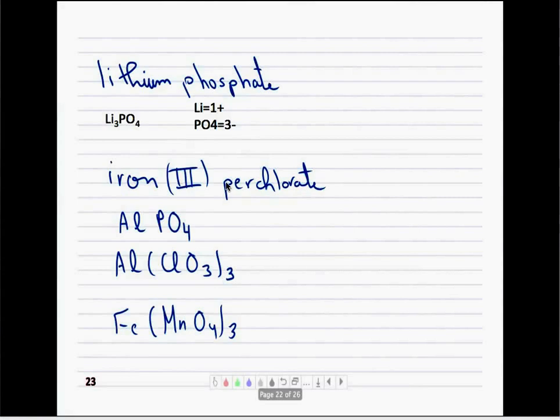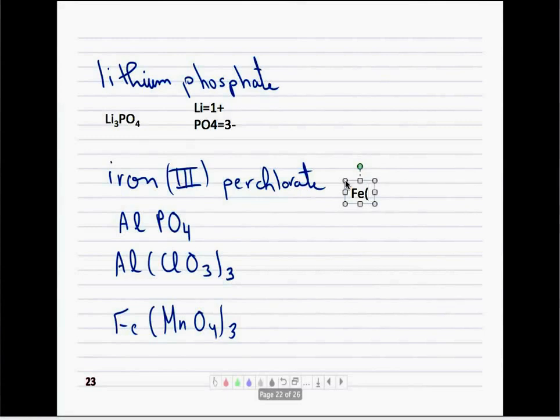Now let's go to number 2 in there. Iron(III) perchlorate. So first, iron 3. Because it's a transition metal, they put the charge between 2 parentheses, because I wouldn't be able to figure out the charge by myself.